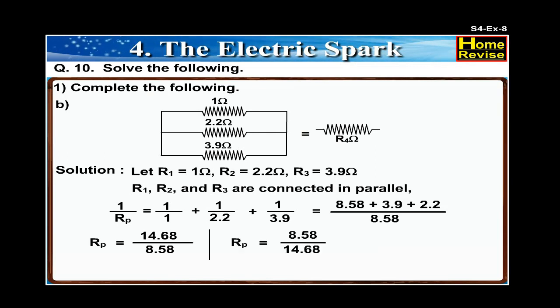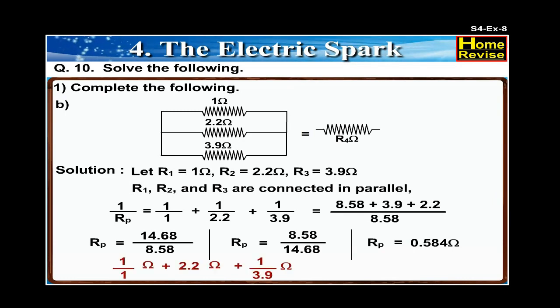Rp is equal to 8.58 upon 14.68. Rp is equal to 0.584 ohms. The answer is 0.584 ohms.